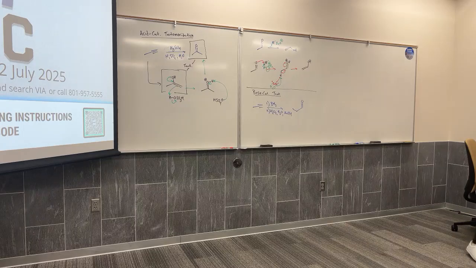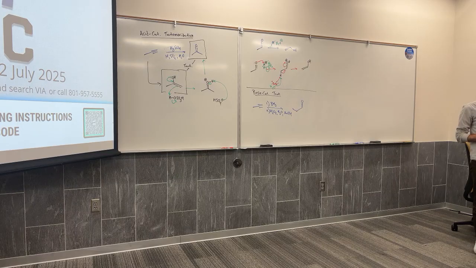You can't isolate the enol there. Now, I'm going to get to this, but there's an equilibrium between all enols and carbonyls. There's an equilibrium between tautomers. But for most tautomer relationships, that equilibrium lies heavily towards the carbonyl.